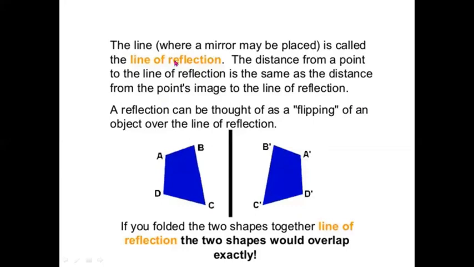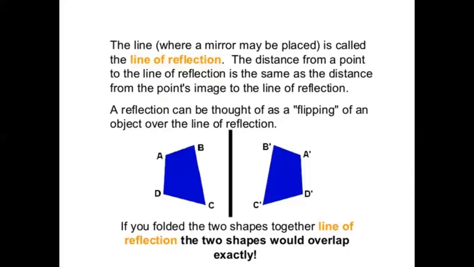The line where a mirror may be placed is called the line of reflection. The distance from a point to the line of reflection is the same as the distance from the point image to the line of reflection. A reflection can be thought of as a flipping of an object over the line of reflection.